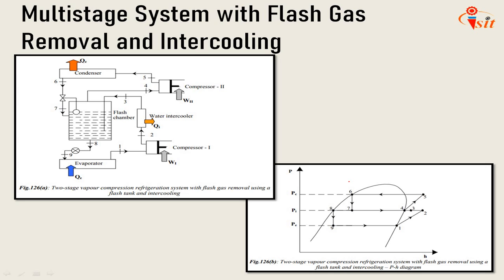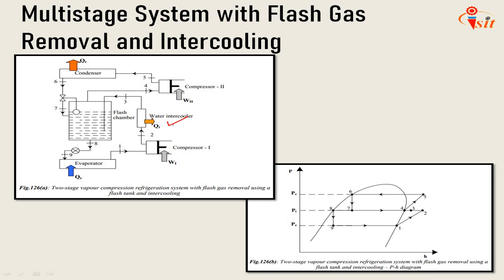Next slide is about the multi-stage system with flash gas removal and intercooling. Now here both the figures show a two-stage vapor compression refrigeration system with flash gas removal using a flash tank and intercooling of refrigerant vapor by a water-cooled heat exchanger and the flash tank.